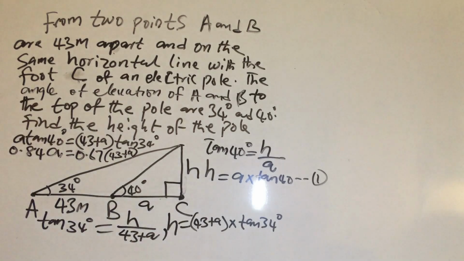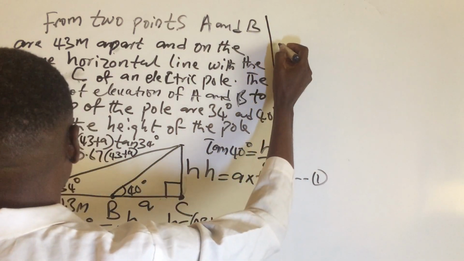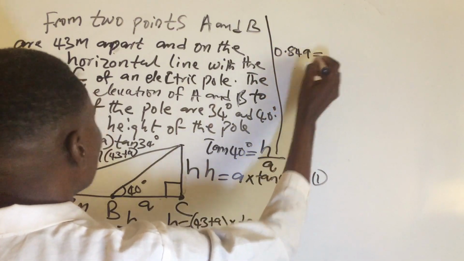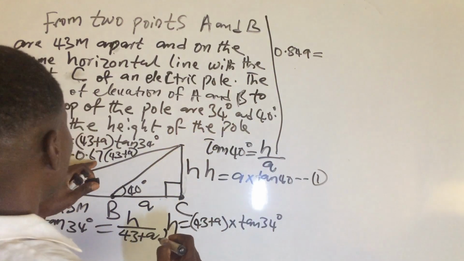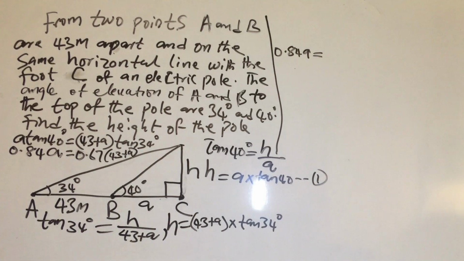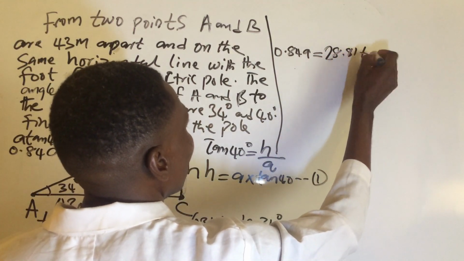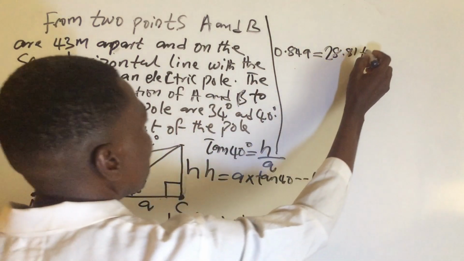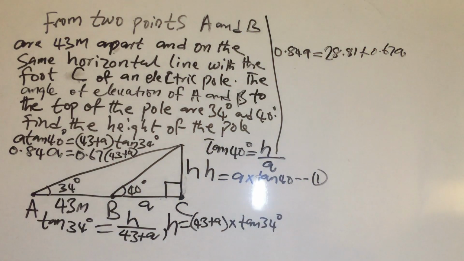All right. Now 0.84a equals to, let's open the bracket, 0.67 times 43 will give us what? 28.81 plus 0.67 times a, 0.67a. That is, we open this bracket, okay?